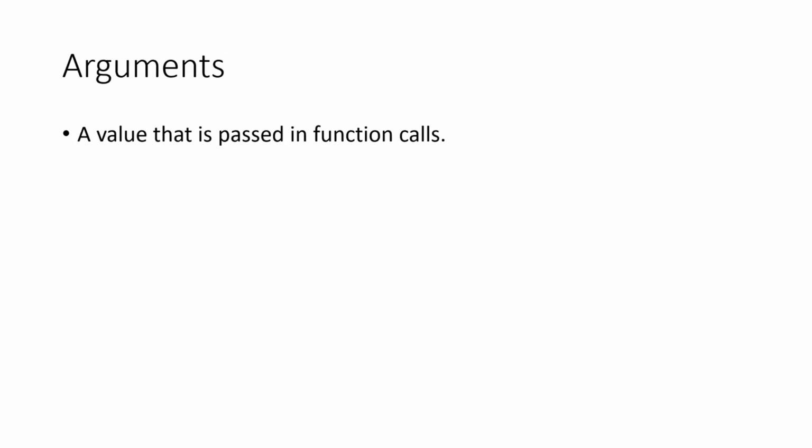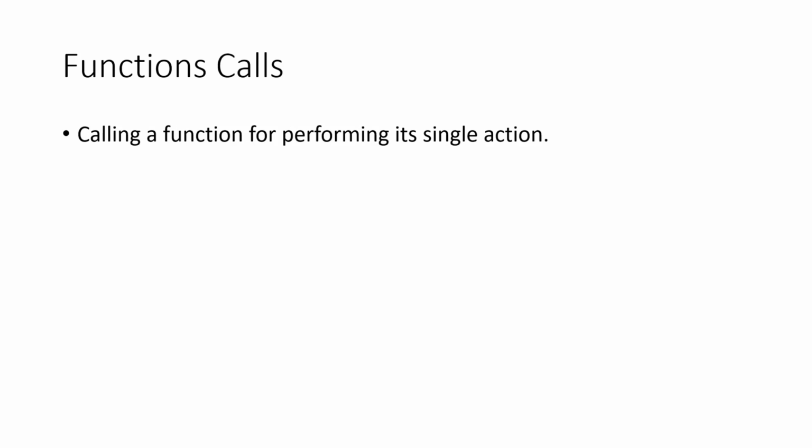Now, the next thing is arguments. Now, arguments are values that are passed inside function calls. So, imagine we make a function that adds two numbers together. Now, we can put default values inside the function as well. So, we can make the default numbers 2 and 5, for example. So, if you just call the function normally, it'll just print out 7.